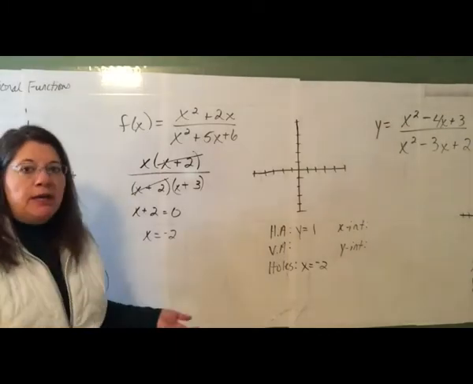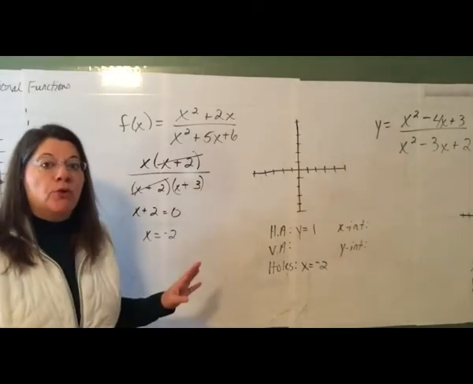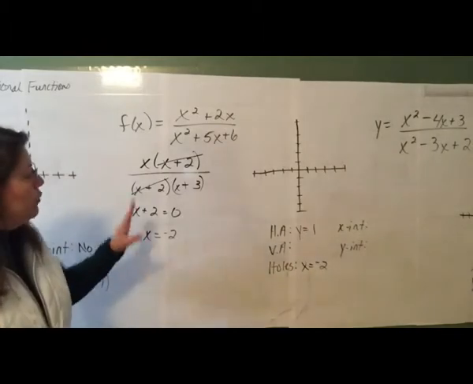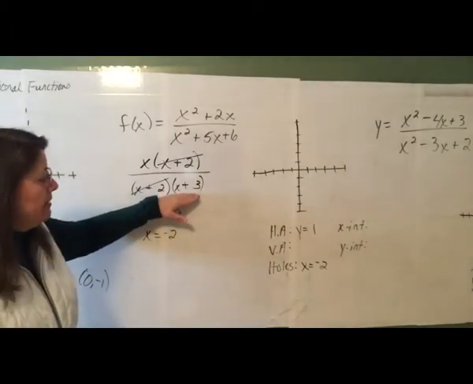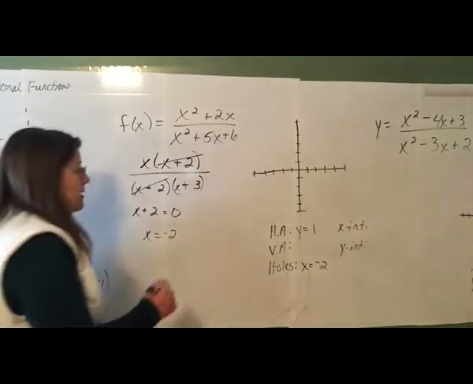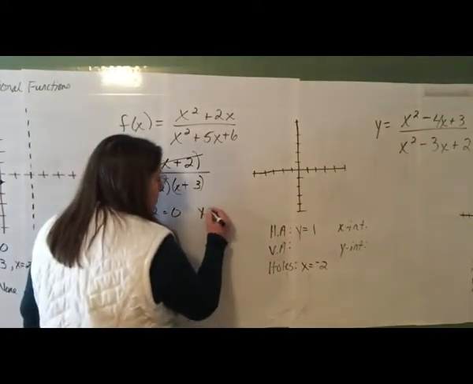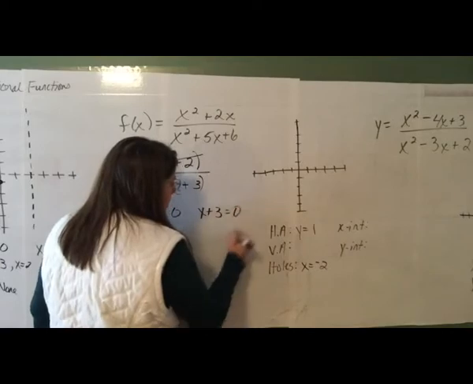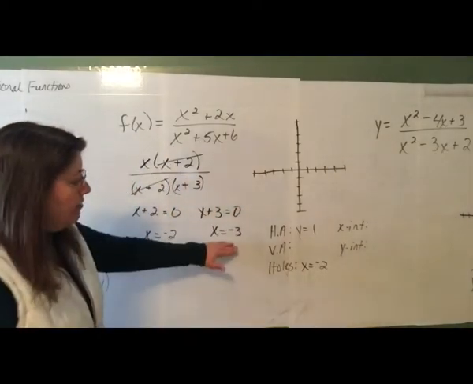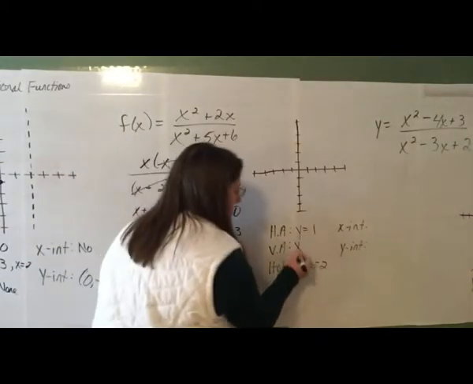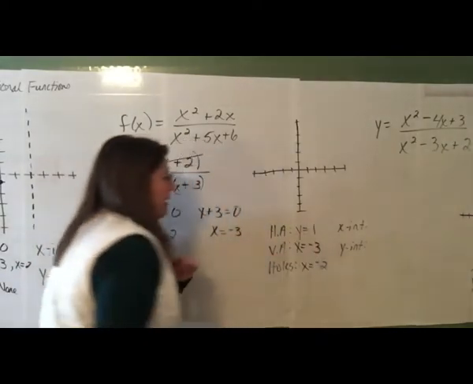Usually you only have one, but there's nothing that says you can't have more than one, okay? For the next one, the factor here that did not cancel out is the x plus 3. And so my x plus 3 is set equal to 0, giving me x equals -3 as my vertical asymptote. So that would be my vertical asymptote.